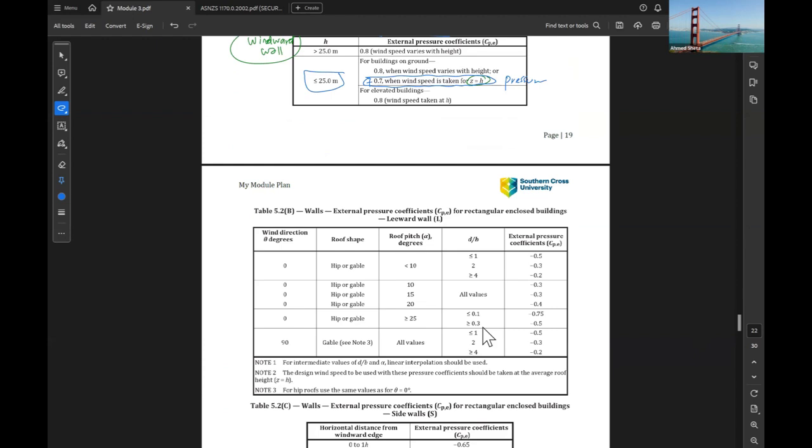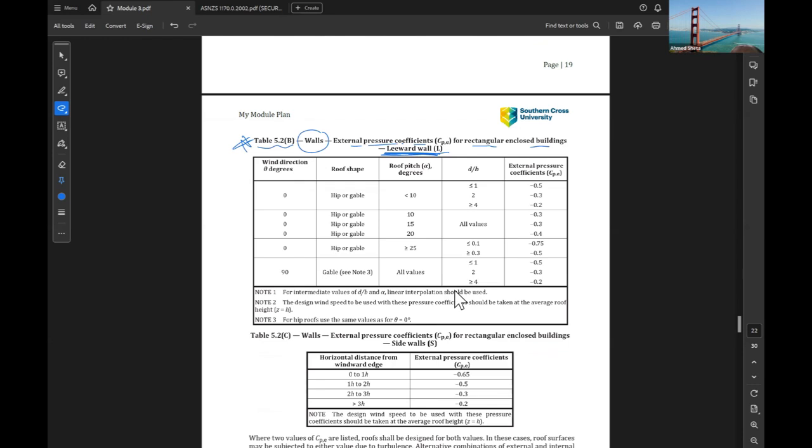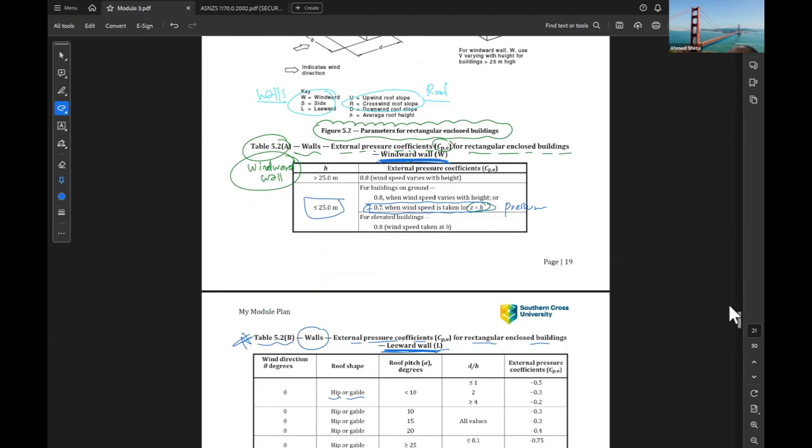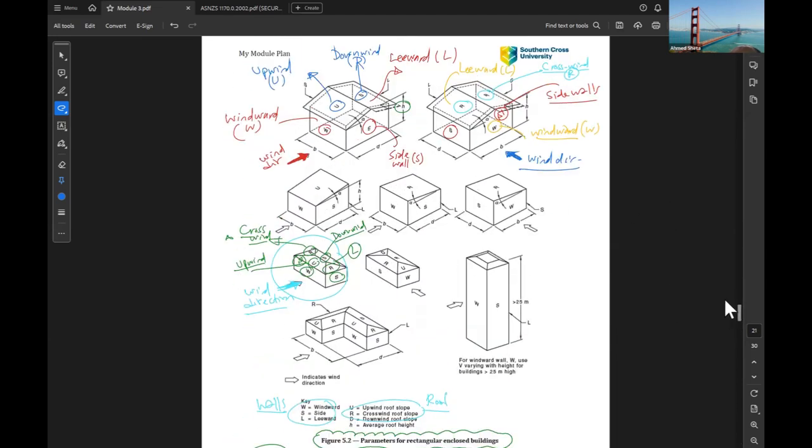Another table is for the leeward wall, external pressure for the leeward wall. For the leeward wall, it depends on the direction, 0 or 90, and the roof shape, hip or gable. You know the hip and gable roof. If it has one slope like this, this is a hip roof. If it has two like this, this is a gable roof.